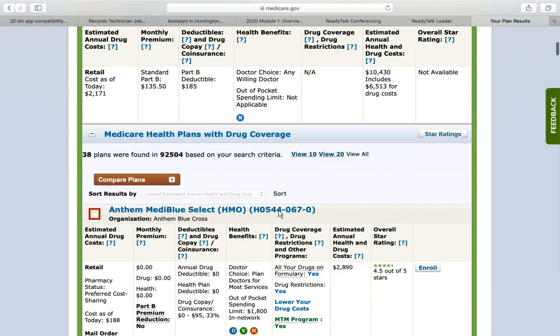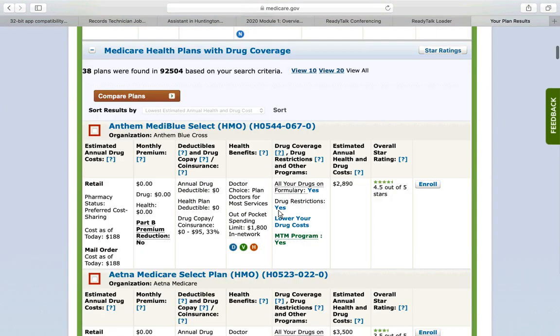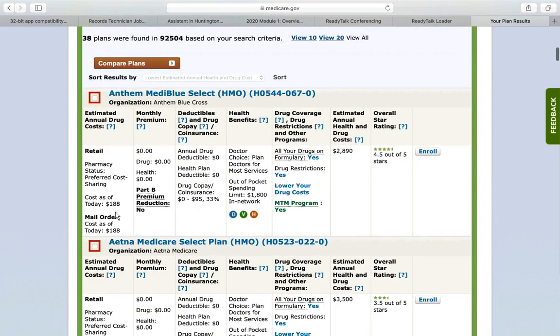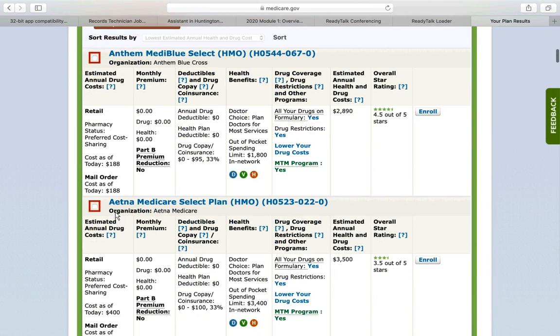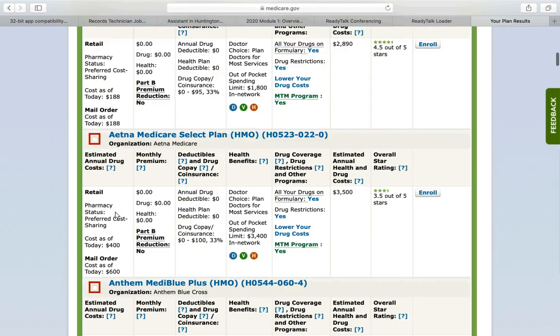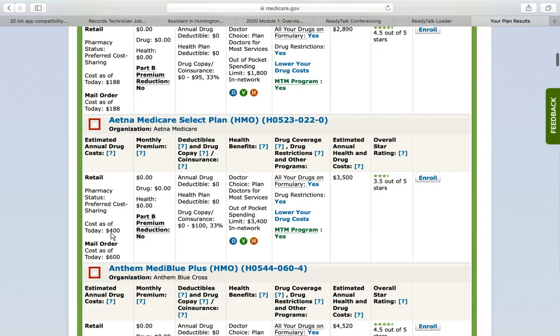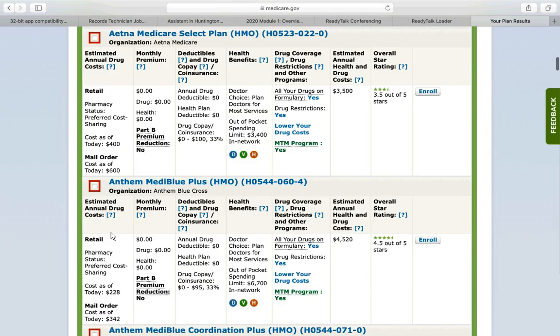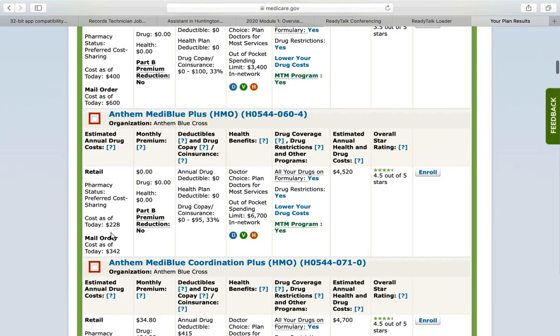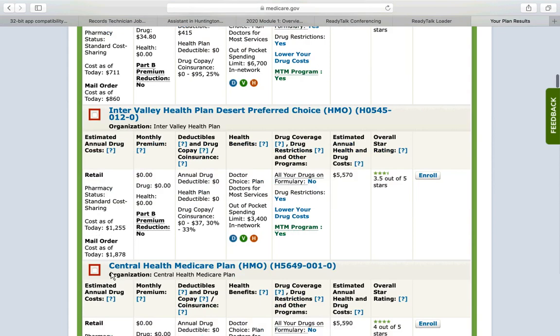Okay, so estimated drug cost with Anthem is $188. Aetna's about $400. Okay, Inter Valley. Wow, that's a Desert Preferred Choice, but still Central. So let's click on Central real quick.